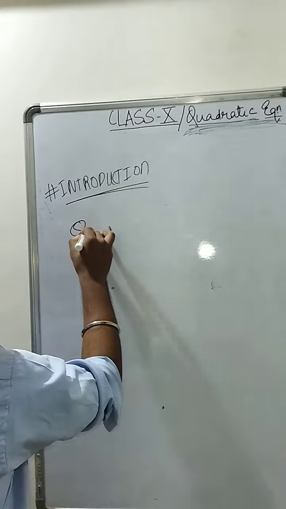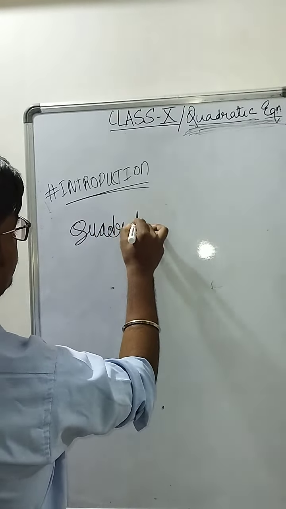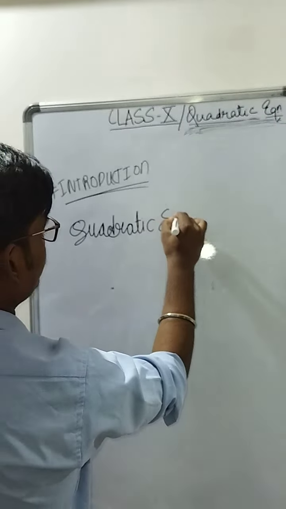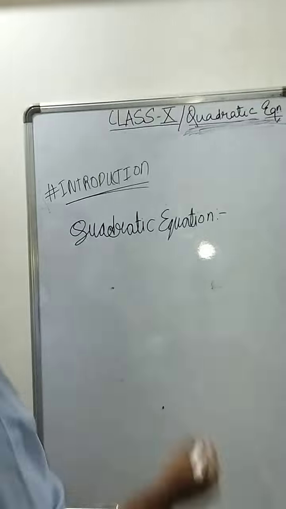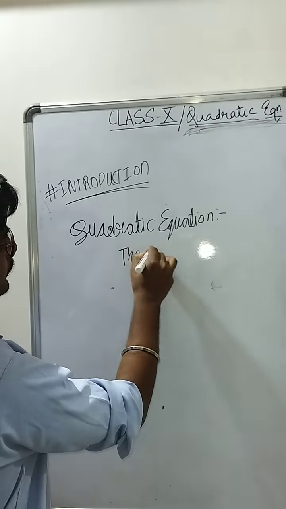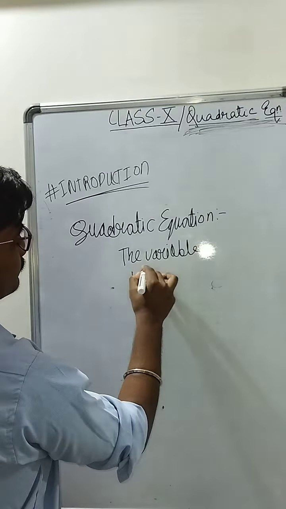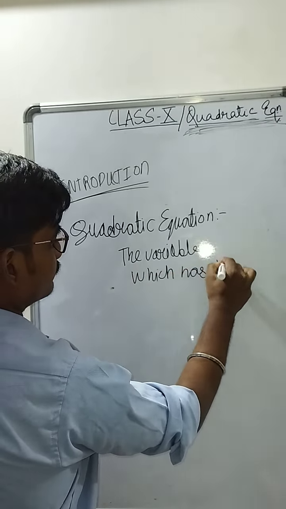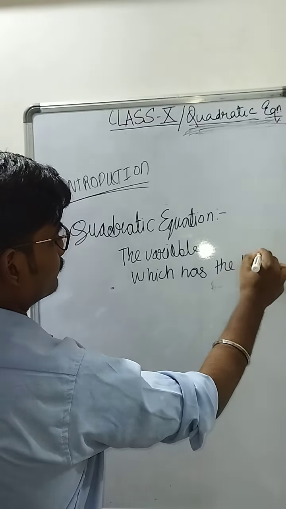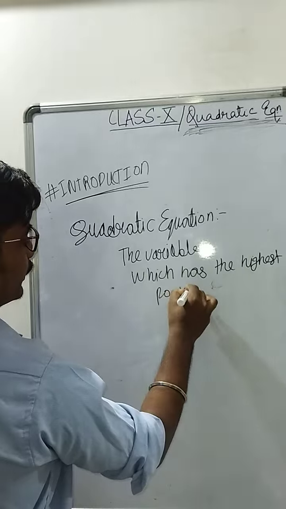First of all, what is a quadratic equation? Quadratic equation. The variable which has the highest power, highest power 2.